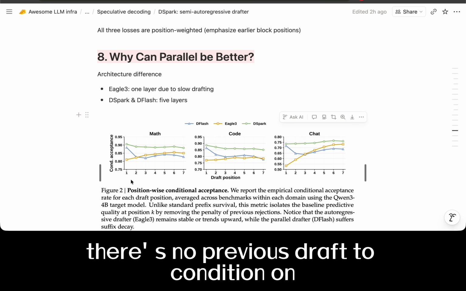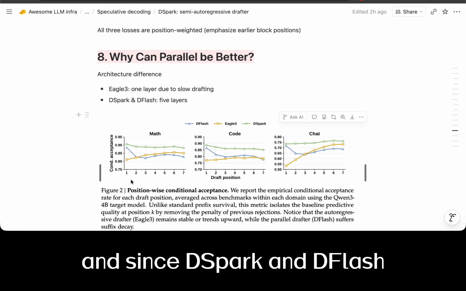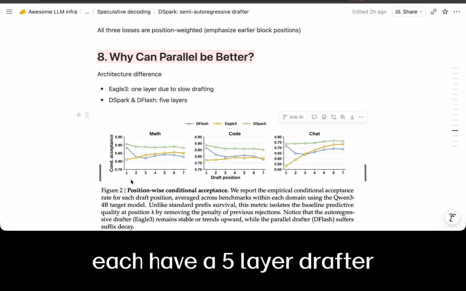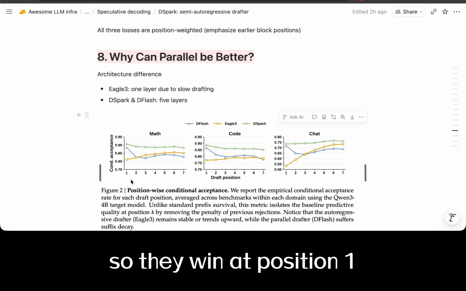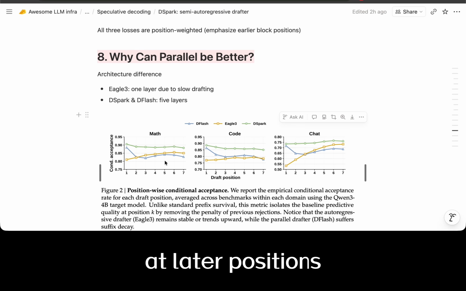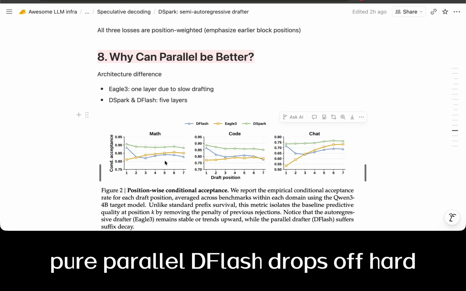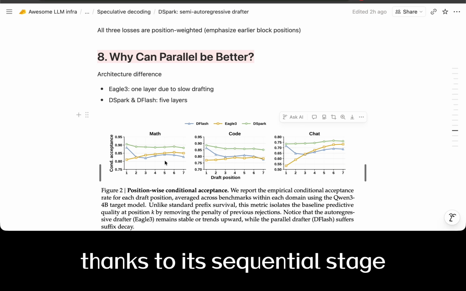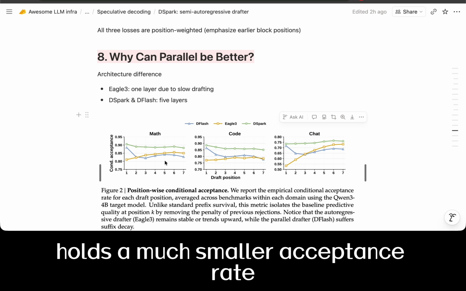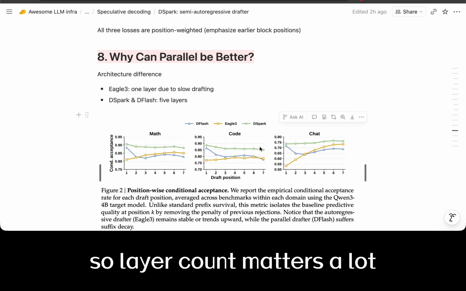There's no previous draft to condition on. And since DSpark and DFlash each have a 5-layer drafter, they are simply more capable, so they win at position 1. At later positions, pure parallel DFlash drops off hard, while DSpark, thanks to its sequential stage, holds a much smaller acceptance rate drop. So layer count matters a lot.